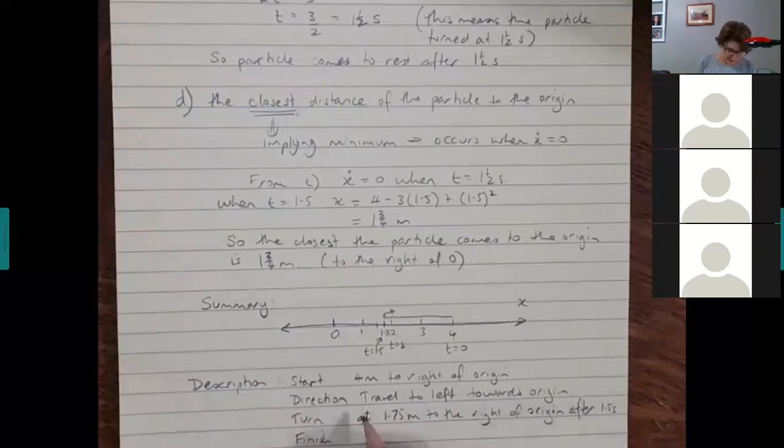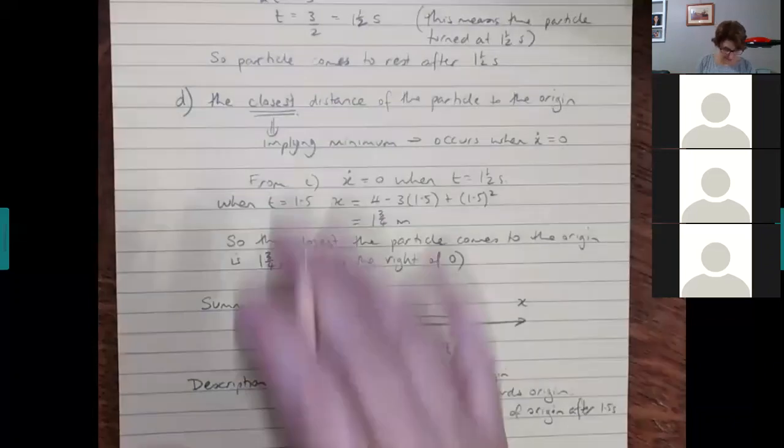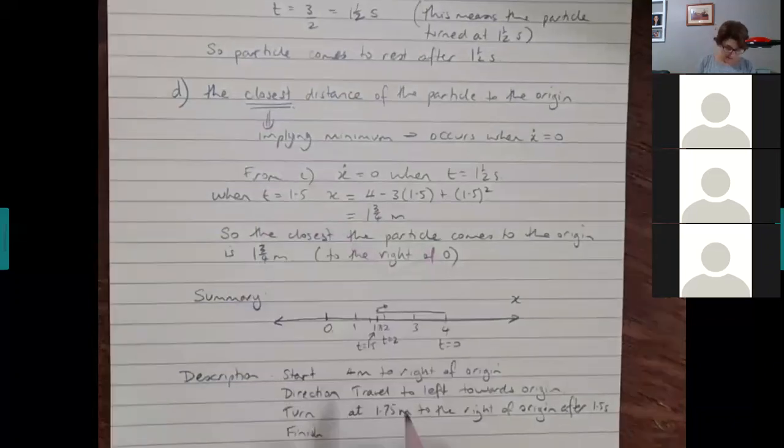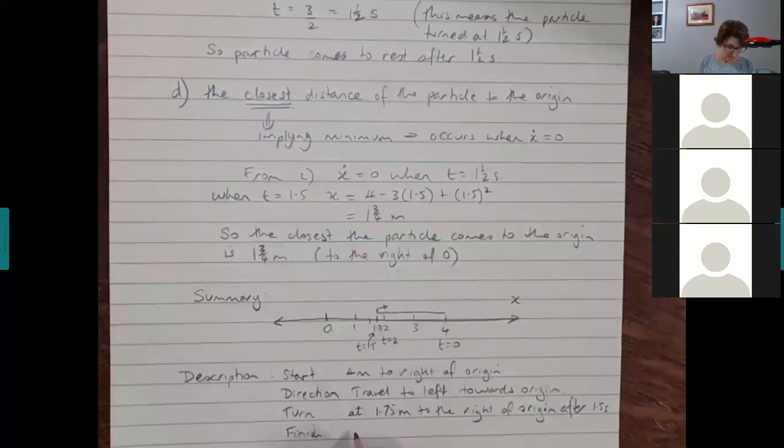And we finished at, in terms of this, it didn't actually say it stopped, but we finished at, was it at 2 meters? Where were we after 2 seconds? Oh, 1 meter. No, that's the velocity. Where were we after 2 seconds, or did we not work that out? Yes, we did, 2 meters away. So at 2 meters to the right of the origin, after 2 seconds.